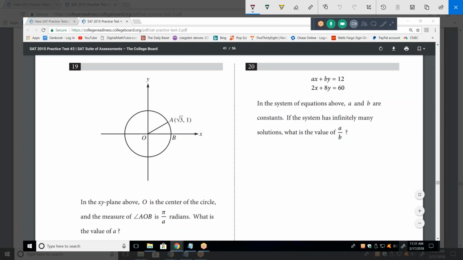One second. I got dogs barking here. I got to figure out what's up. Why are all the dogs barking?